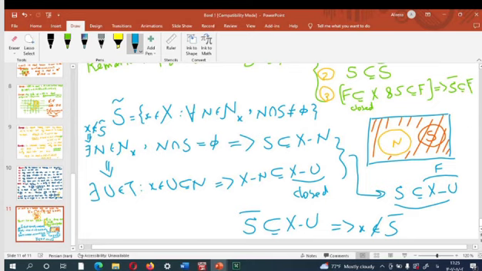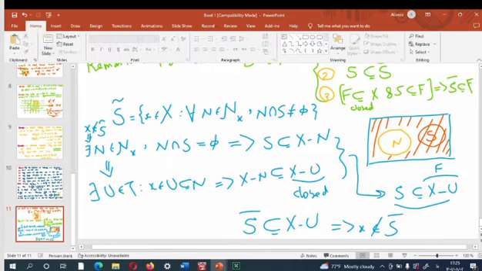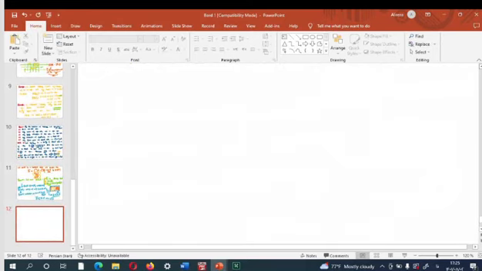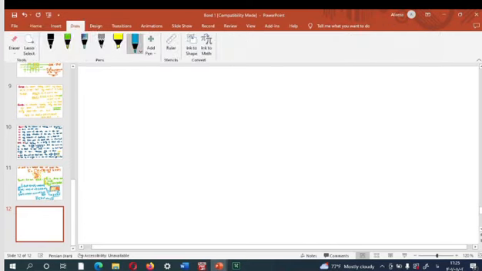Please note that x belongs to S tilde is equal to: for each N in N_x, this intersection must be non-empty.